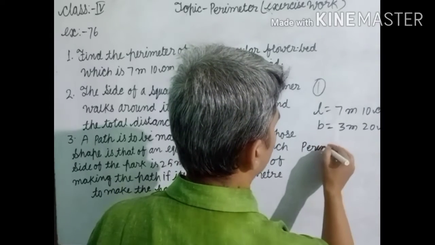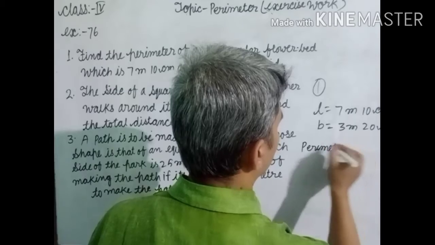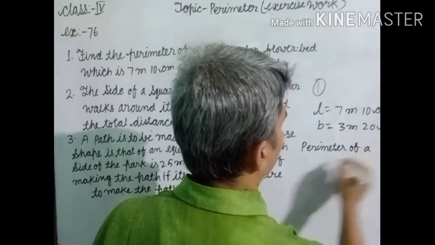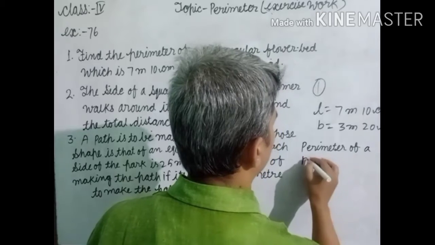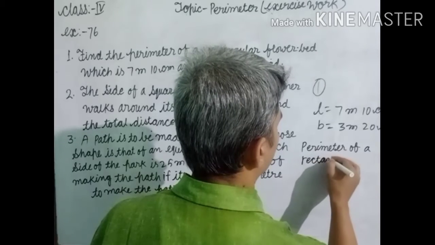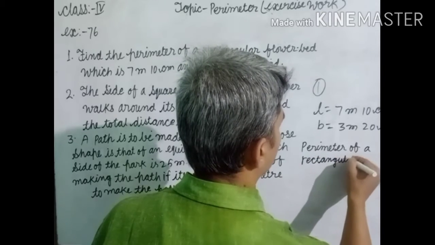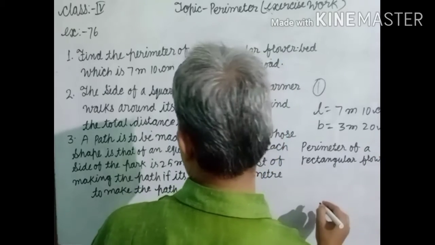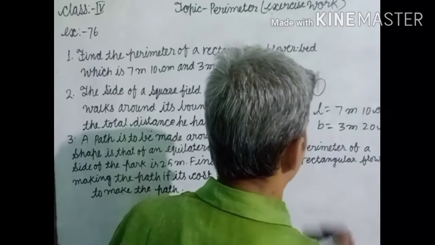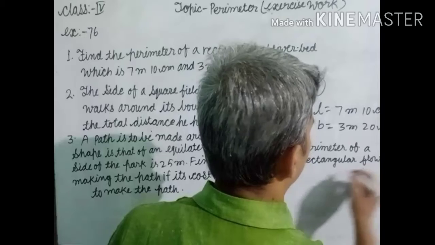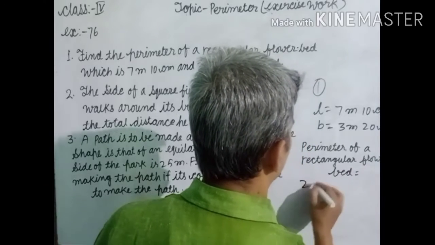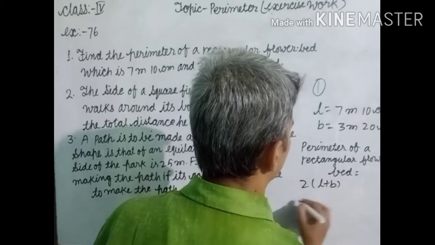Perimeter of a rectangular flower bed is equal to 2 into (L plus B).